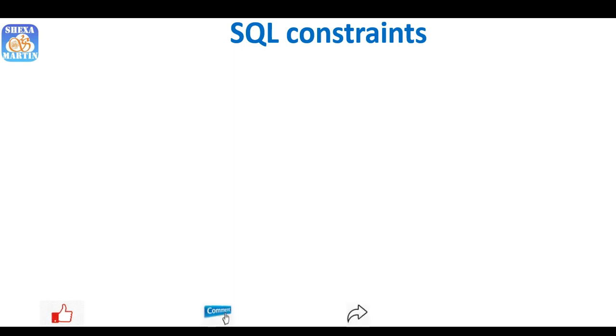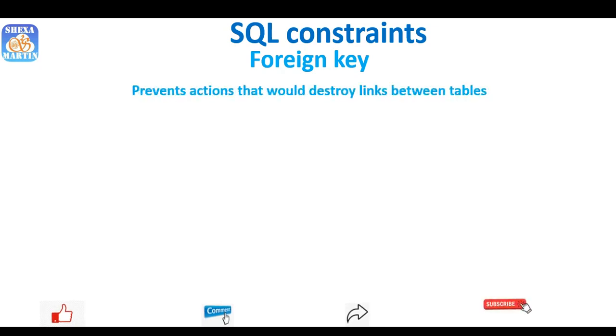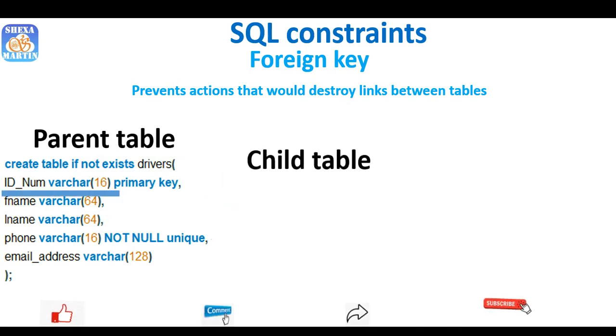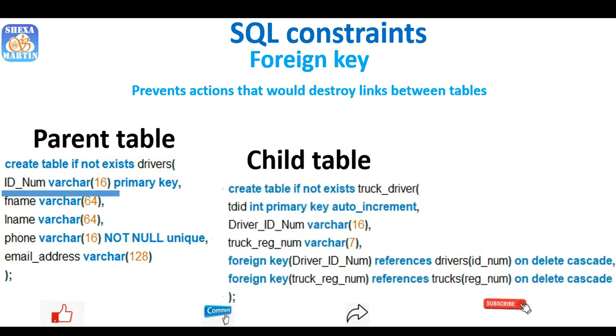This is our previous lecture as well, emphasizing on foreign key. I don't think we need to take much time on this. It's in a parent table, that's our primary key, and in the child table we have our foreign key.